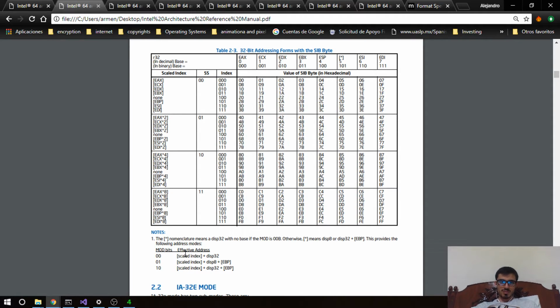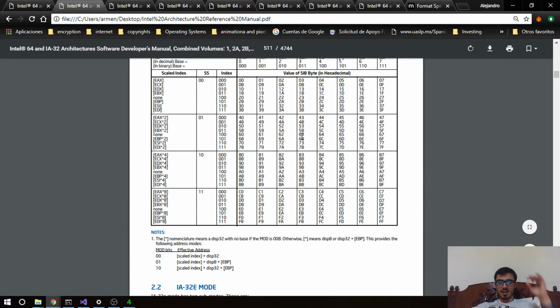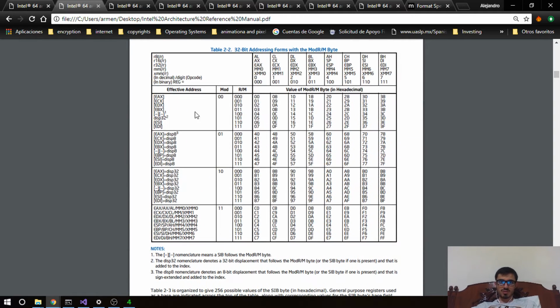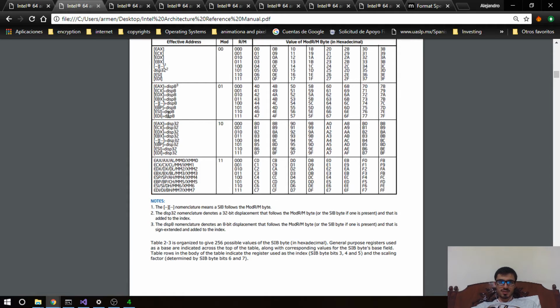So the scale index is going to be EAX for this particular case, plus a displacement 32 if we're looking here, and the mod is 00. So if we go back in here and see that 00, we have a scale index, displacement 32. All that's encoding the base, and that's the effective address.